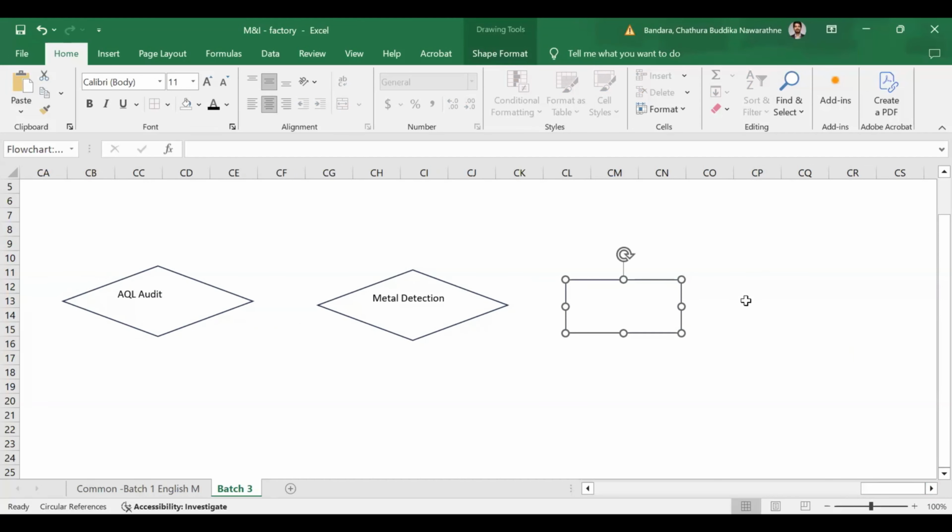Carton packing. Pressure packing. Okay, packing. So you mean after metal detection you have another process, folding and packing. Folding and packing.